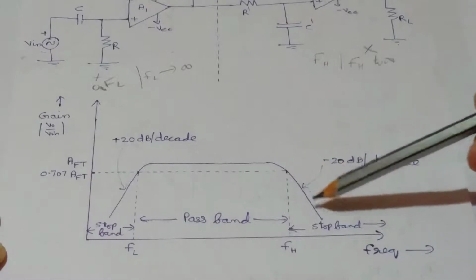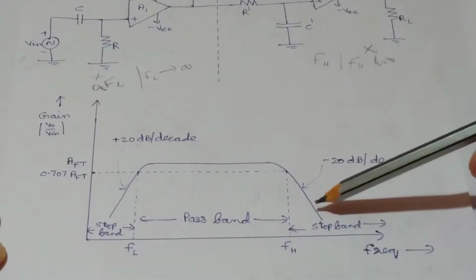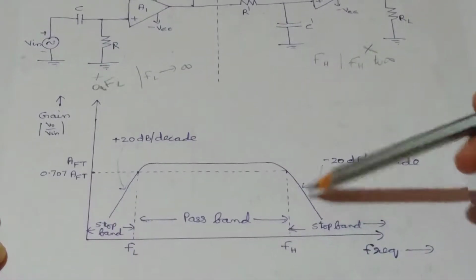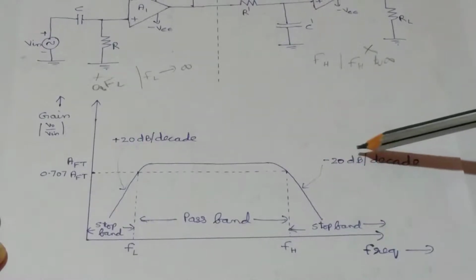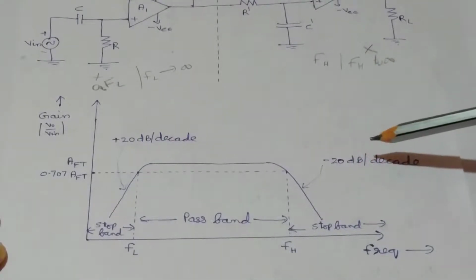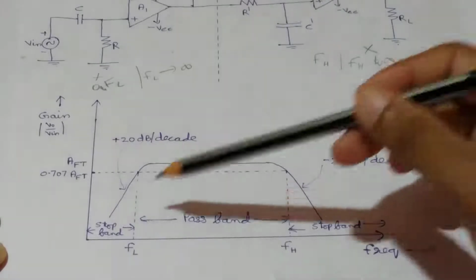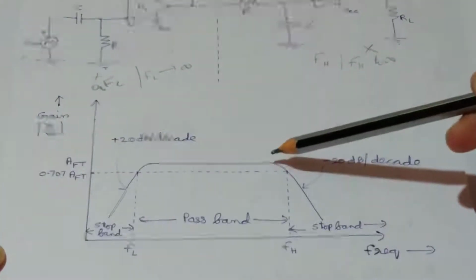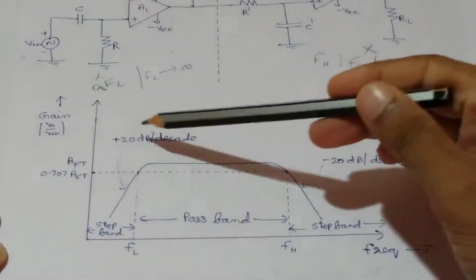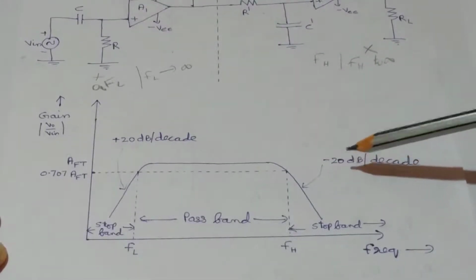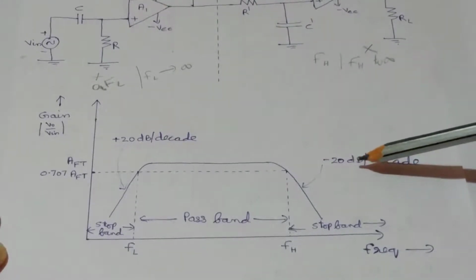And here, since we are using a first order low pass filter, the roll off rate is minus 20 dB per decade. So this wide band pass filter is a plus or minus 20 dB per decade wide band pass filter.